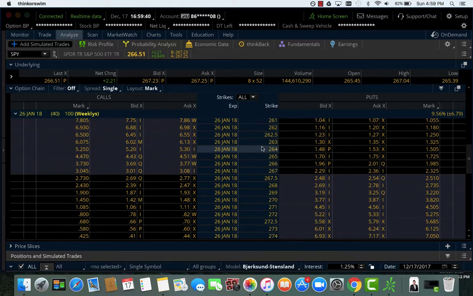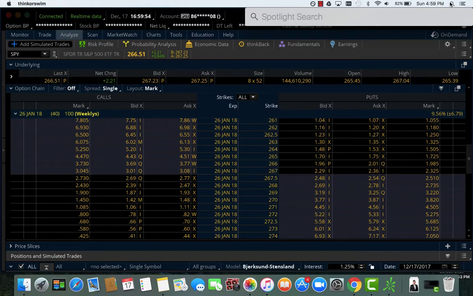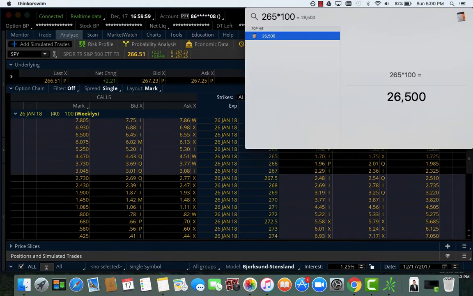So if we held a 265 call into expiration and the current price was 266.51, because it's in the money, we would be assigned 100 shares of stock at our strike price of 265. So 265 times 100. We would have 100 shares at 265, and for margin requirements, we'd have to put up $26,500. Now, where it gets interesting is that right now, the price of SPY is above that.